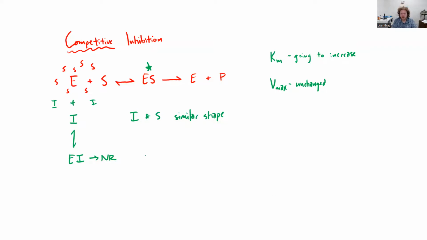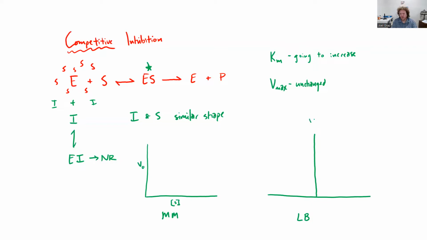Now, I'm going to plot a competitive inhibitor on a Lineweaver-Burk plot and a Michaelis-Menten plot. The labels for my Michaelis-Menten plot are V sub 0 and substrate concentration. For my Lineweaver-Burk, it's 1 over V sub 0 and 1 over substrate concentration.